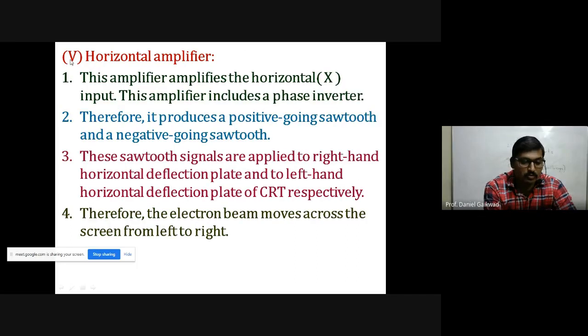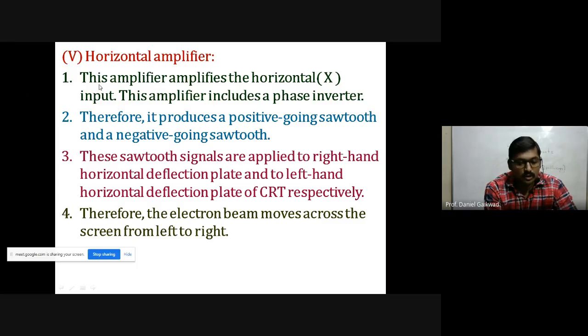Now number five is the horizontal amplifier. Check carefully. Number first, this amplifier amplifies the horizontal X input. This amplifier includes a phase inverter. This concept of the phase inverter we are going to learn in detail in the next topic.